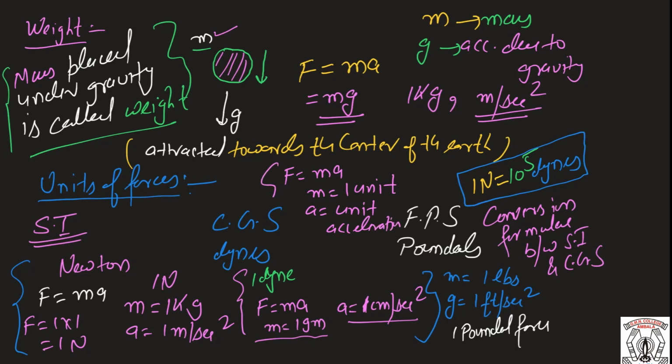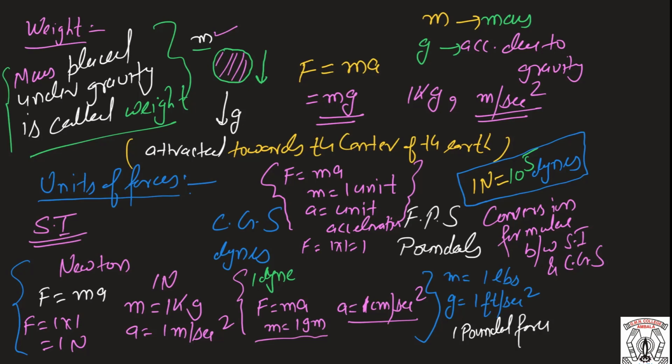So when you say what is unit force in absolute units, absolute means there is no system of measurement, we are talking generally. So in this case F is equal to 1 into 1 is equal to 1.